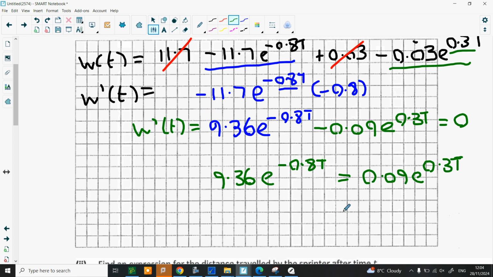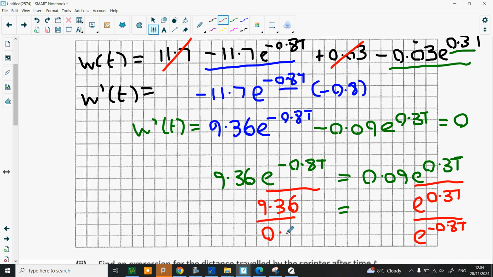I'm going to put the e's together. So I'm going to divide by this red one here. See that red one? I'm going to divide by it and put it underneath that one. So e to the 0.3 t underneath e to the minus 0.8 t. Cool with that? And I'm going to put the 9.36 and the 0.09 underneath each other as well.